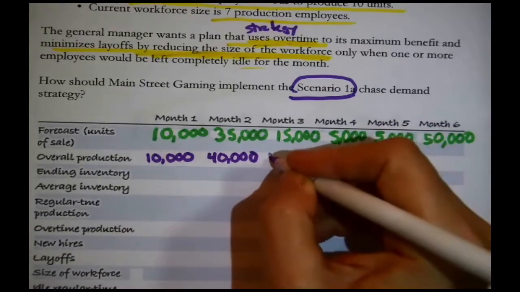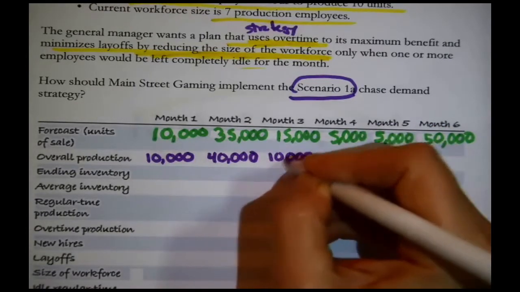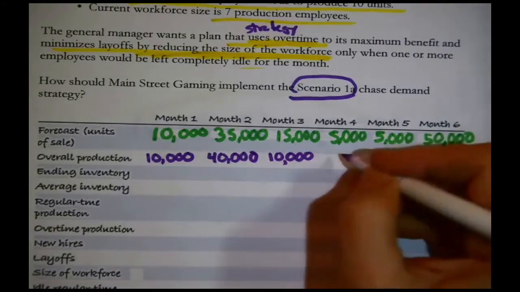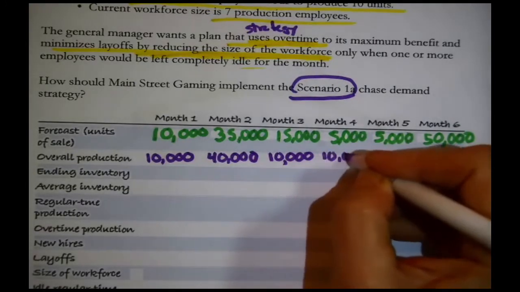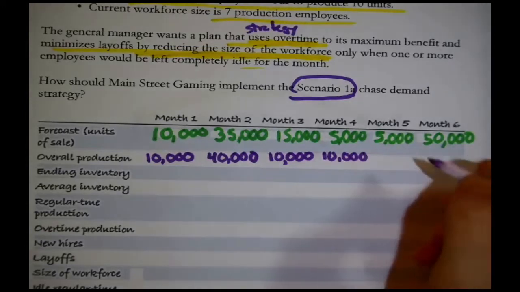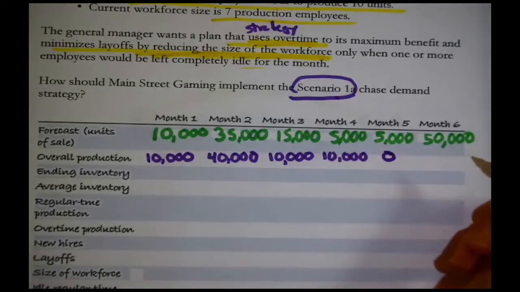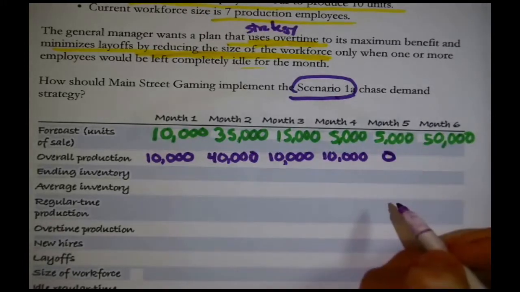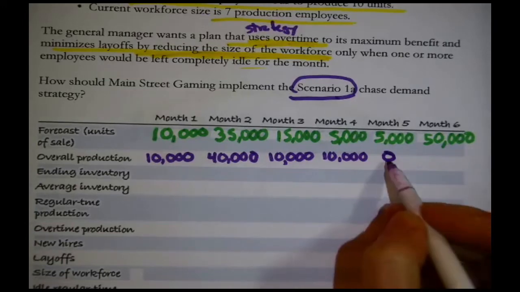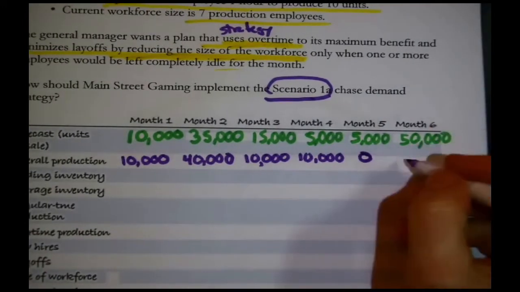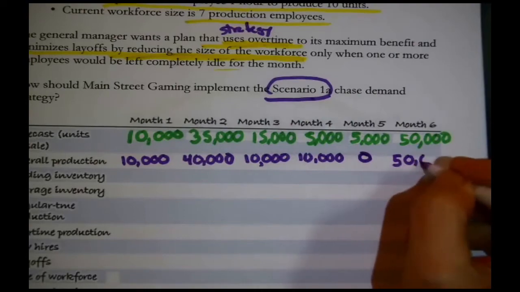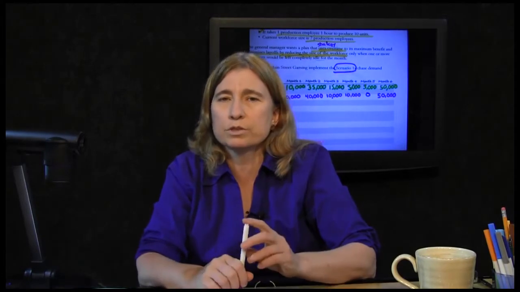Then the third month, cut that back to 10,000 units, and the fourth month, another 10,000 units. And one feature of the chase demand strategy was that we were planning on not doing anything in the fifth month. The proposed production level was 0, followed by a record 50,000 units of sale to be produced in that last month.